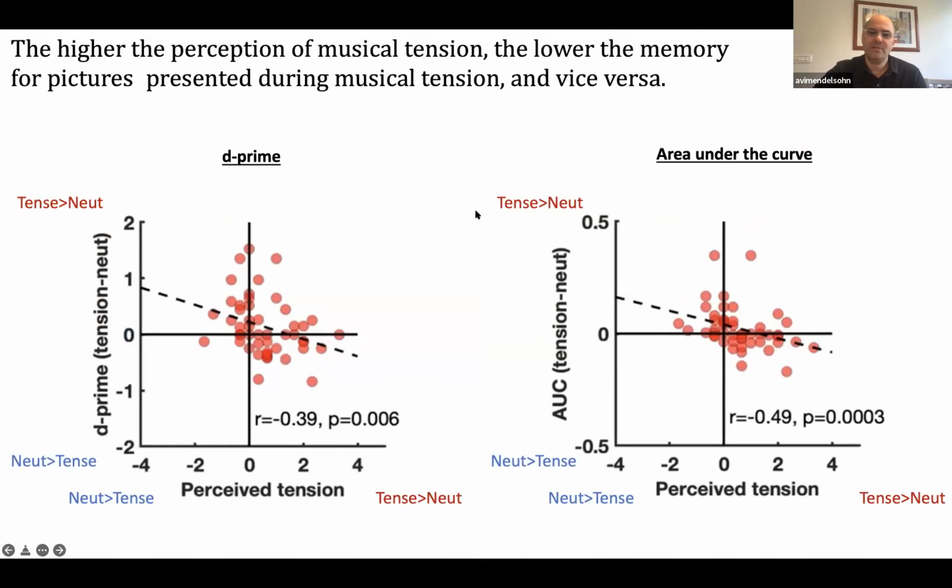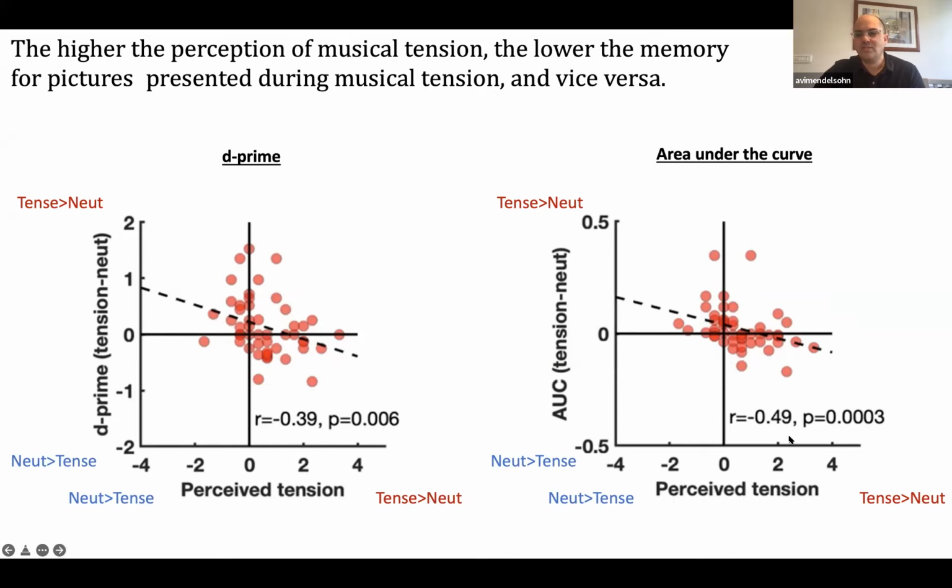But the interesting thing that we found is that the variability in the perception of tension, the subjective conscious perception of tension, was related to the effect that musical tension had on memory, such that the higher the perception of musical tension, the lower was the memory for pictures presented during musical tension, and vice versa. For instance, if you look here, on the x-axis is the ability to perceive tension.